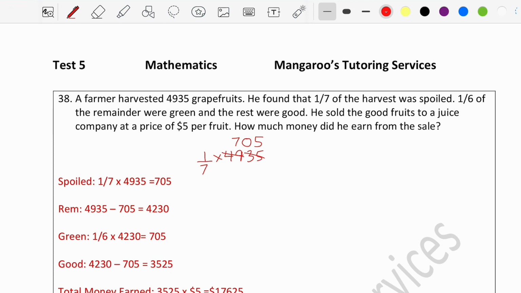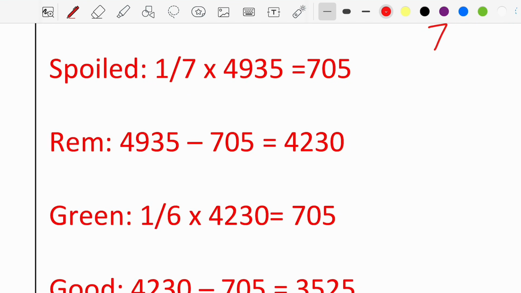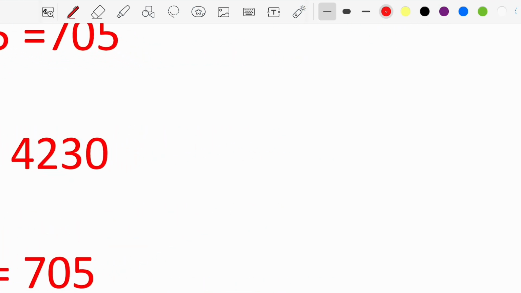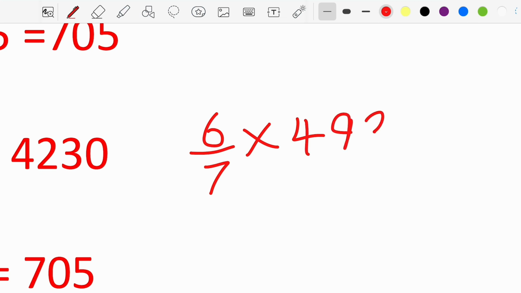1/6 of the remainder were green. So this is the total. Take away the amount that was spoiled, we get 4,230. Now because 1/7 was spoiled, we can say that 6/7 was good. So 6/7 times 4,935 will give us, we know that this is 705.